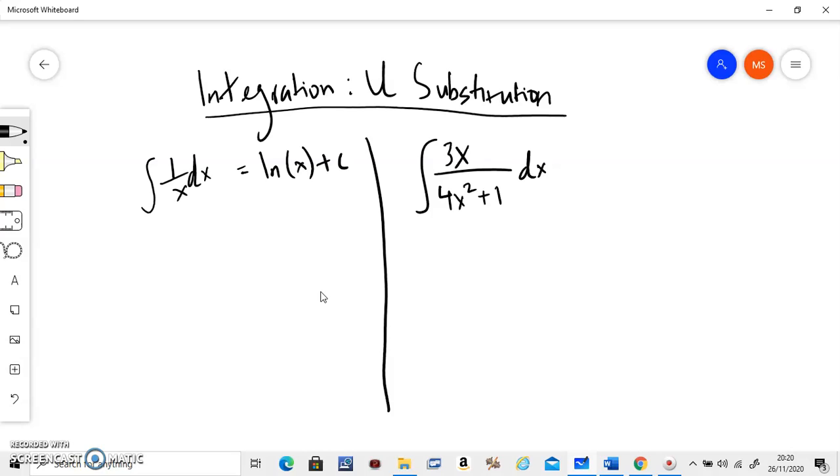If the problem says you use U substitution, and it's a complicated problem like this, you have to introduce a new alphabet, U, into the problem. And remember, if there is a fraction, and if it's integration by U substitution, try and make the bottom to be the U.